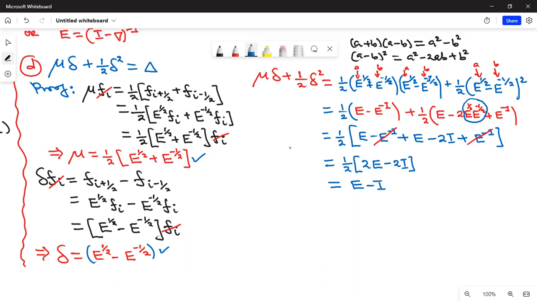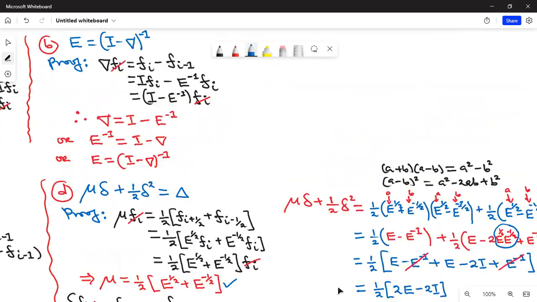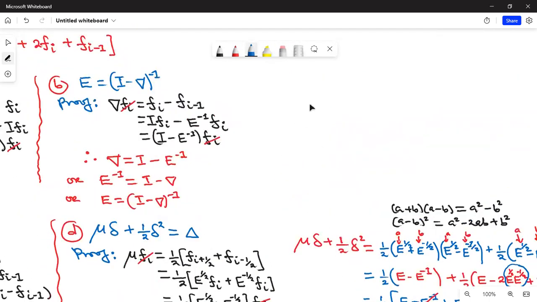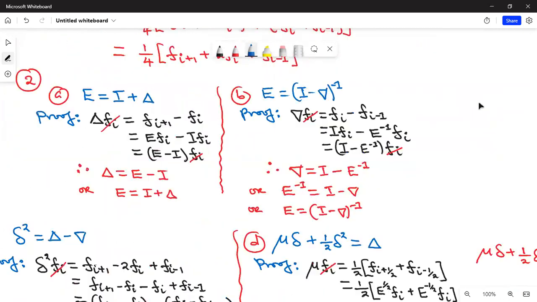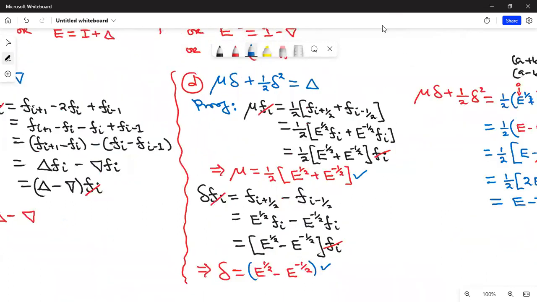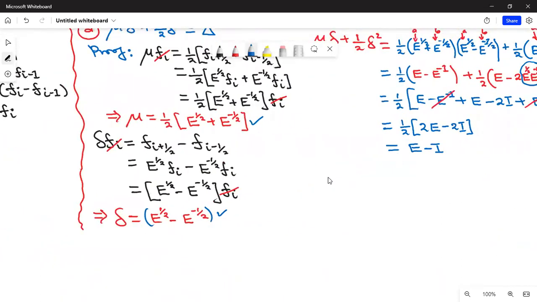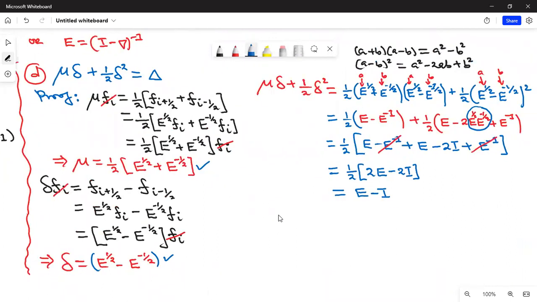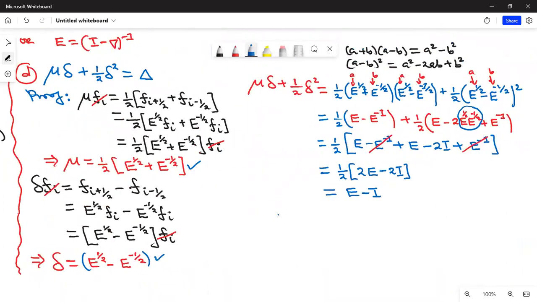But now the question is, what is e minus identity? We got it here. Let me take you back to part A. You see, it is this. E minus identity is equal to the forward difference. So I replace that by the forward difference operator.